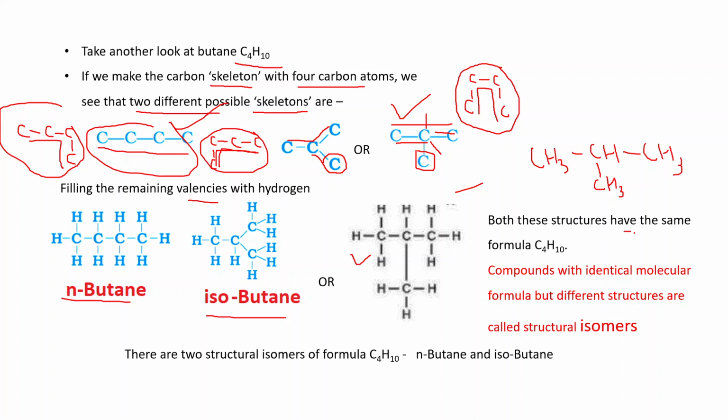Both these structures have the same formula C4H10, but their structures are different. That's why compounds with identical molecular formula but different structures are called structural isomers. In this way, we can say there are two structural isomers of formula C4H10: one is normal butane, another one is isobutane.